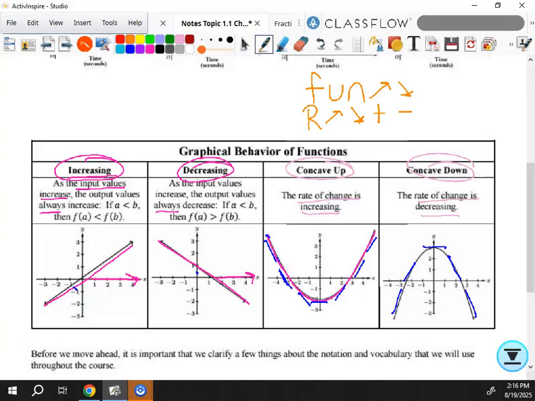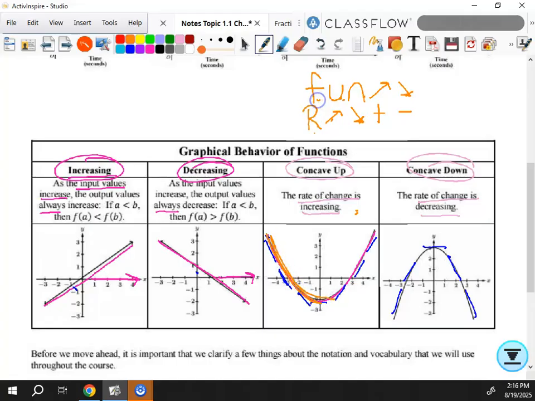Here's what this means. If I look at my function, I can see if my function is concave up, then the rate of change is increasing. That's what that says right here. If my function is concave down, rate of change is decreasing. Even though we know by looking at this right here, the function itself is decreasing right here, right?